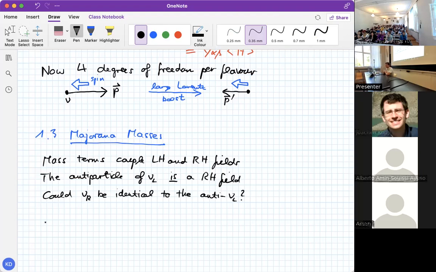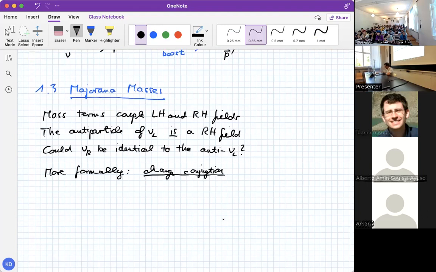So in order to answer that question, we need to make things a little more formal. So we need to introduce an operation called charge conjugation. So that's going to be a bit of Dirac matrix algebra now. So this operator, charge conjugation, does the following.